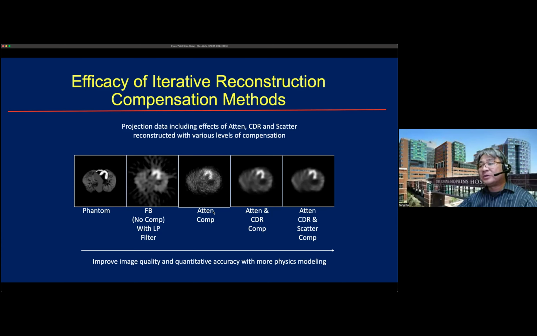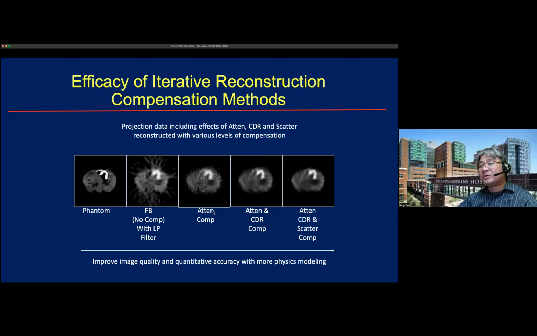However, when we apply those to alpha emitters, there are some additional challenges that are not commonly seen when we do SPECT imaging of technetium or indium. First, alpha emitters usually have very complicated decay schemes with multiple daughters.